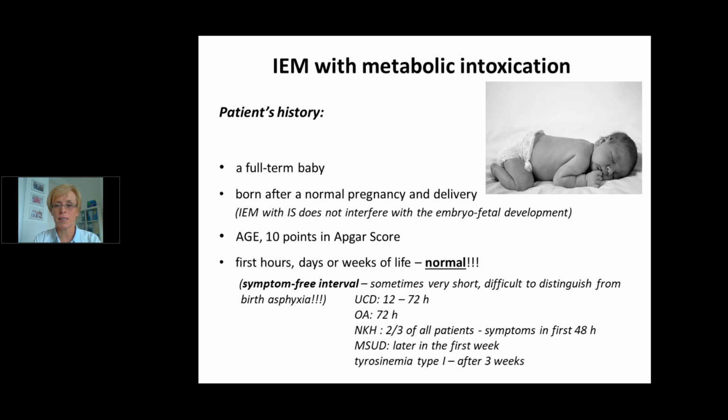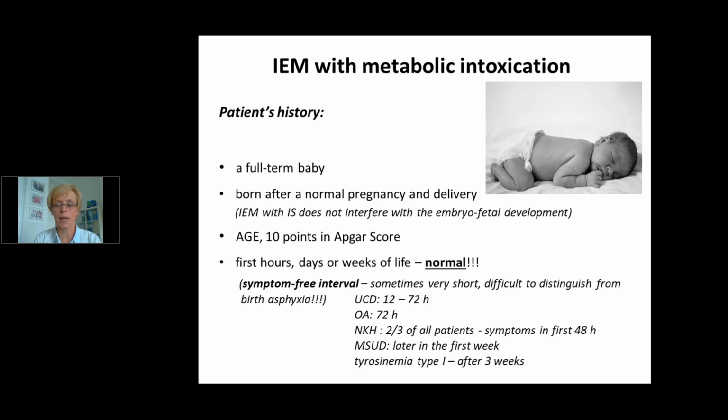So in the very first hours or days of life, these children look absolutely normal. They look and behave like absolutely healthy children. And then after several hours in some diseases, or several days, or sometimes even several weeks, something wrong is going on with this child. Why not immediately?